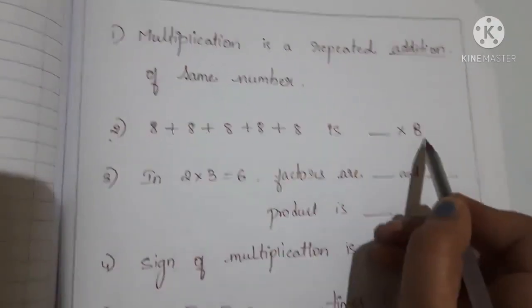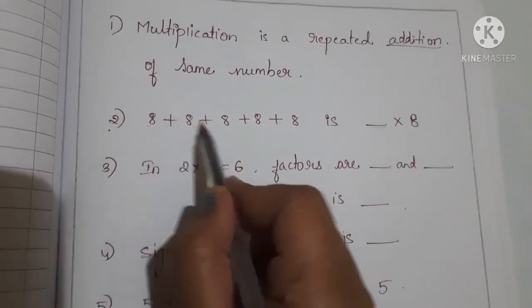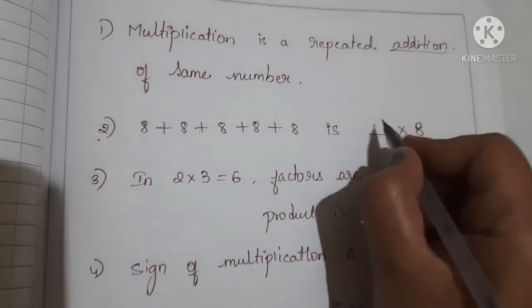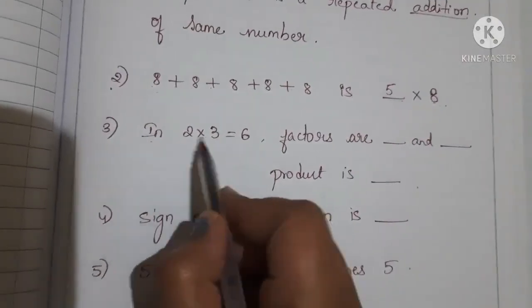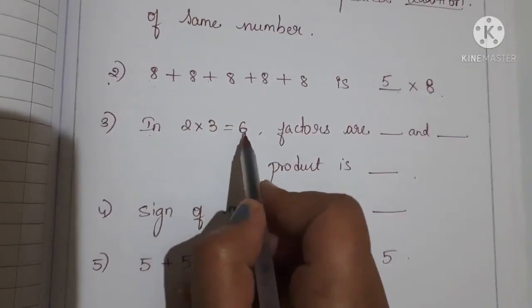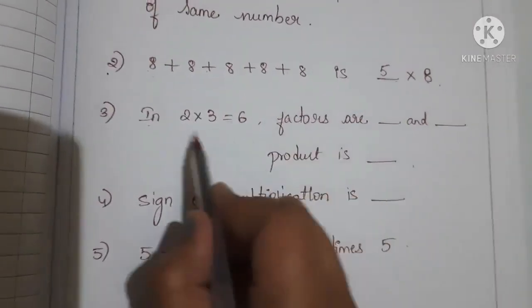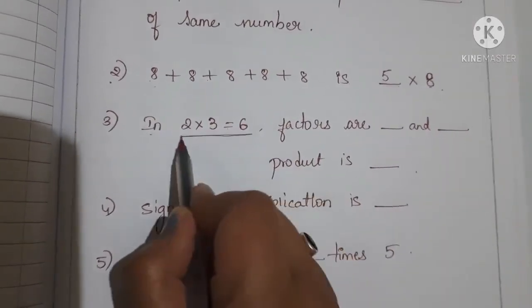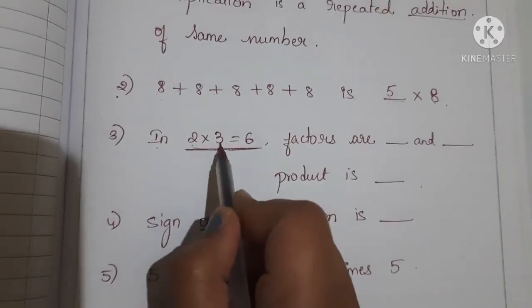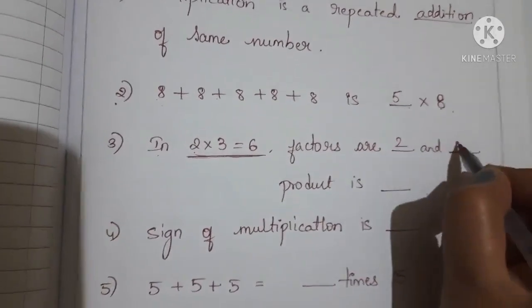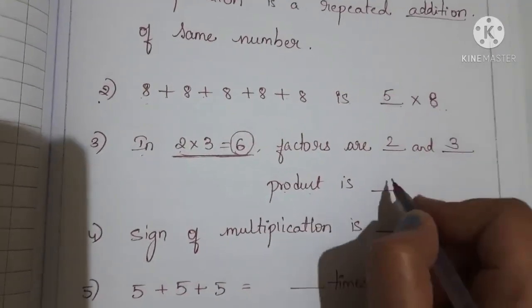How many times 8 is repeating here? 1, 2, 3, 4, 5. 5 times 8. In 2 times 3 is equal to 6, now you have to tell what are factors in this multiplication. 2 and 3 are factors and the product is 6.